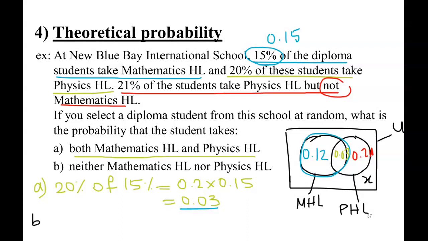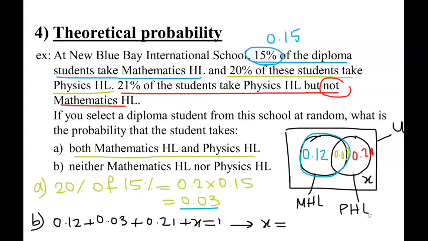So over here in part B, we have that 0.12 plus 0.03 plus 0.21 plus x should be equal to 1, which leaves me with x equal to 0.64. So the probability of having a student that is neither math or physics HL is 0.64 or 64%.